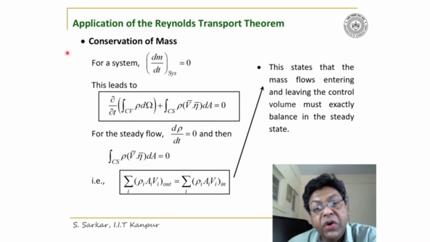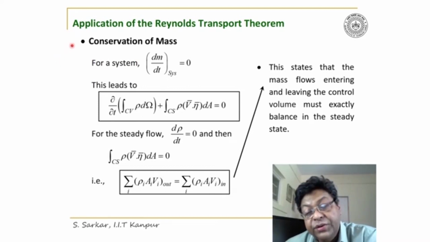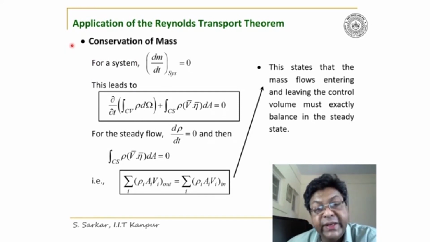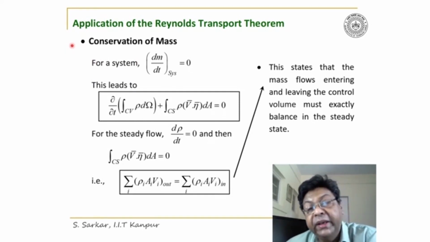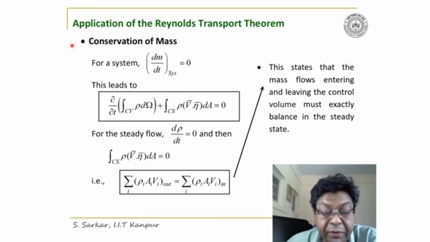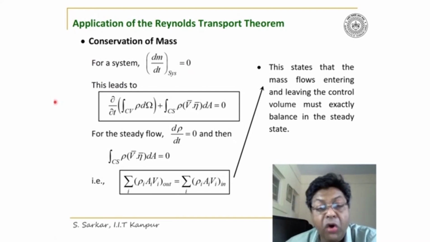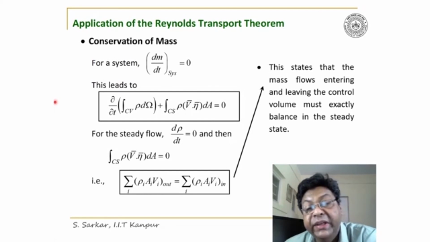Let's consider the conservation of mass. For the conservation of mass, I can write for a system dm/dt is equal to 0. That means mass can neither be created nor destroyed. This leads to del/del t of volume integral rho d omega plus surface integral rho v dot eta dA is equal to 0.